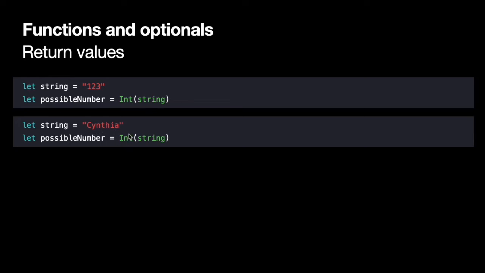You can't convert Cynthia into an integer. So this initializer for Int, where you're passing in a string, actually returns an optional Int. So in this case, possible number would be an optional Int of 123, and in the second case, possible number would be an optional integer where the value would be nil.